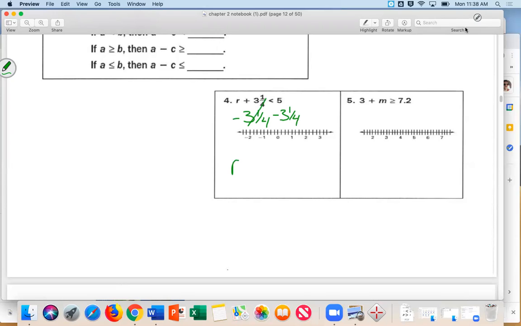These cancel. Well, what's $5 minus 3 1/4? If I have $5 and I spend 3 1/4, what's left? Wouldn't that be 2 1/4?